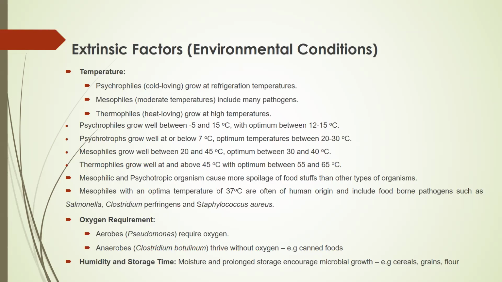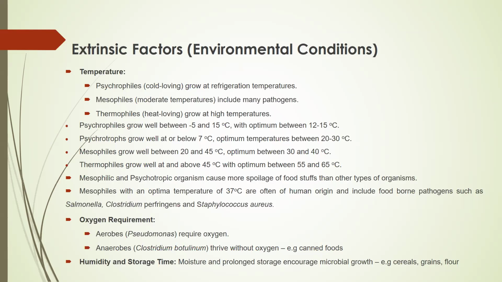The mesophiles, that is moderate temperatures, like room temperature, include many pathogens. So if your food is just kept on the table, it gets spoiled easily. Thermophiles, heat-loving organisms, grow at a high temperature. So if you keep them on the bench, they might survive for long until the heat favors them.